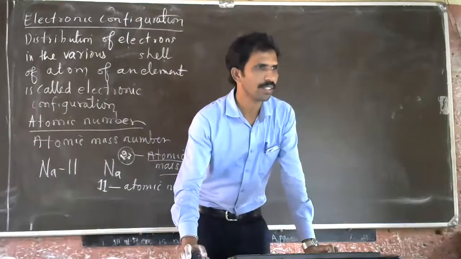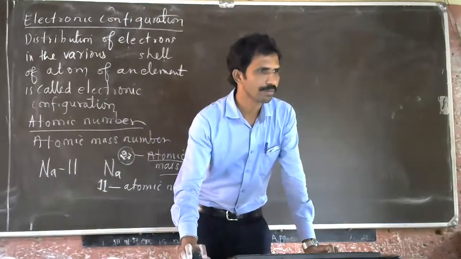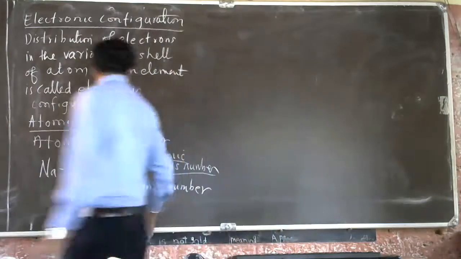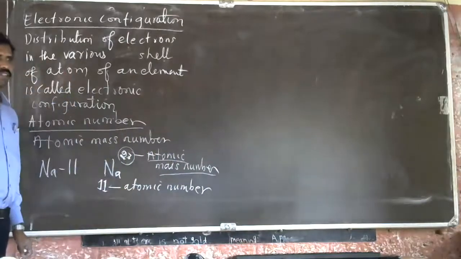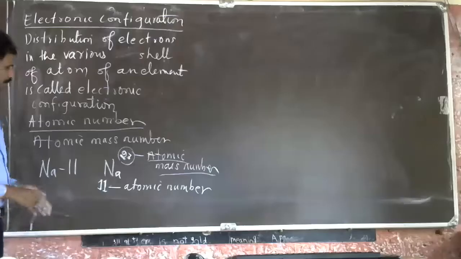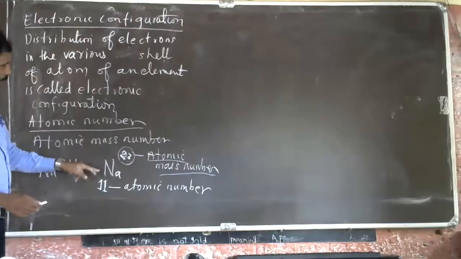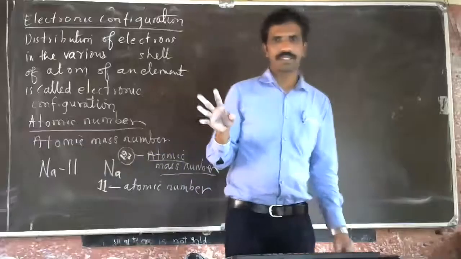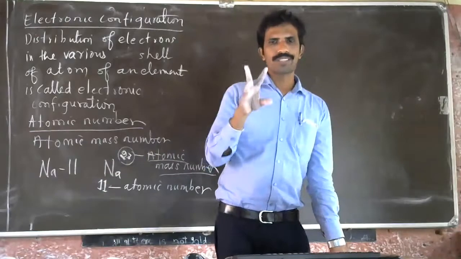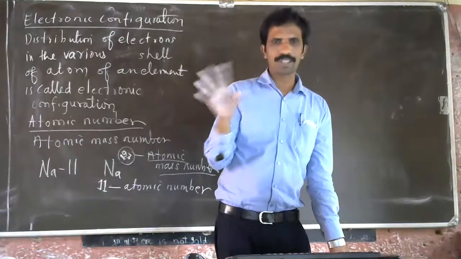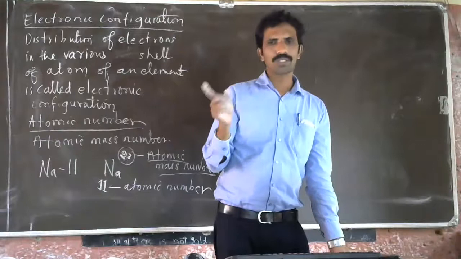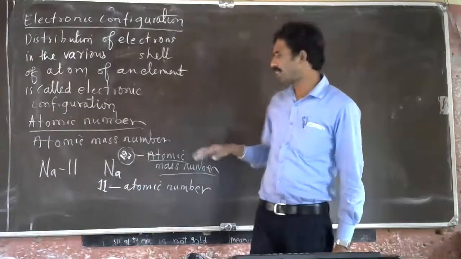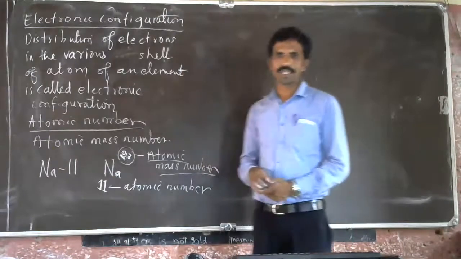This you already know. The nucleus is made up of protons and neutrons; the neutron has no charge, the proton is positively charged, and electrons are negatively charged particles.